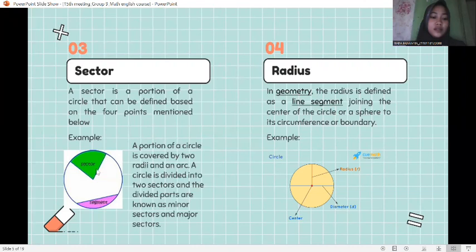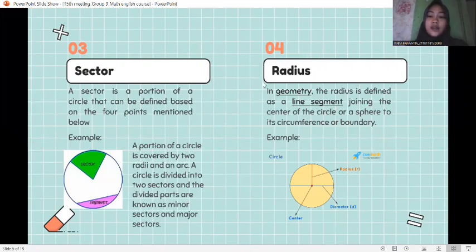In green is the sector. So a portion of the circle is covered by two radii and an arc. A circle is divided into two sectors, and the divided parts are known as minor sector and major sector.